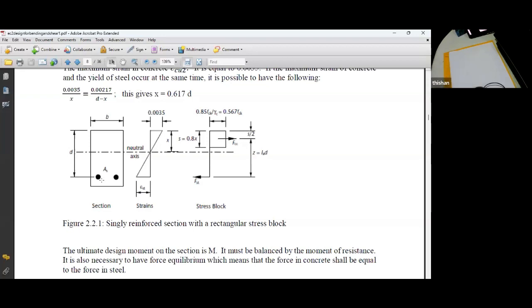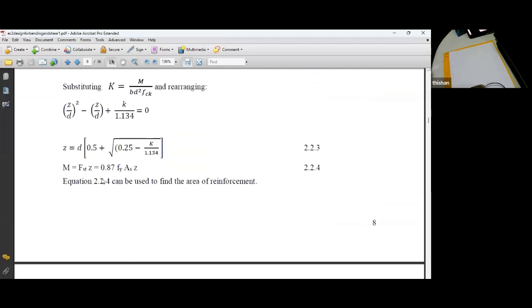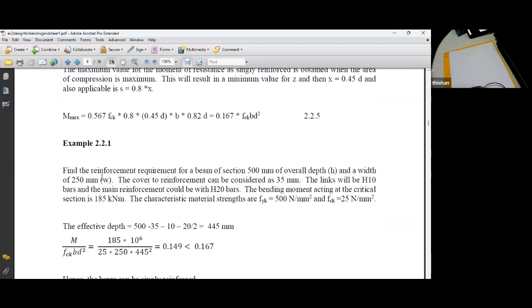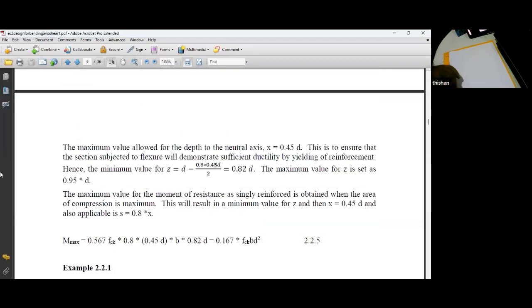Now, how many of you undertake moment redistribution when you are doing the designs? How much moment redistribution do you undertake? These are important questions. And also I would like the beams to be singly reinforced. So I'm going to explain some of those things now.